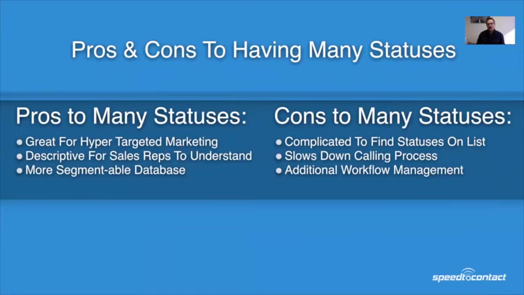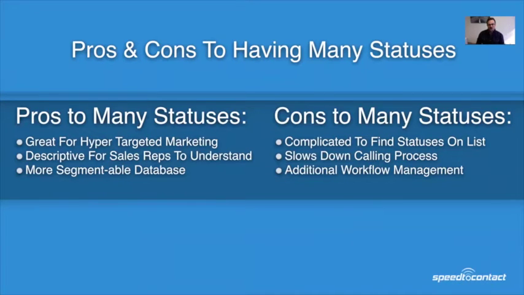So the pros and cons to having many statuses in your CRM or dialer is that it's great for hyper-targeted marketing. Why is that? If you have a status of just contacted versus a status of contacted and scheduled meeting, you now know that that consumer is already scheduled for a meeting with you.